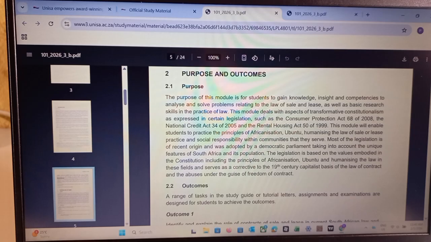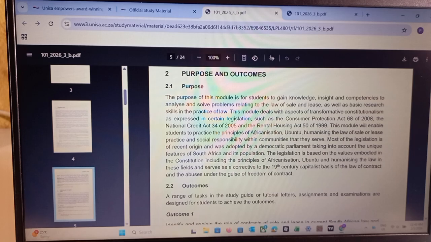This module deals with aspects of transformative constitutionalism as expressed in certain legislation, such as the Consumer Protection Act 68 of 2008, the National Credit Act 34 of 2005, and the Rental Housing Act 50 of 1999.